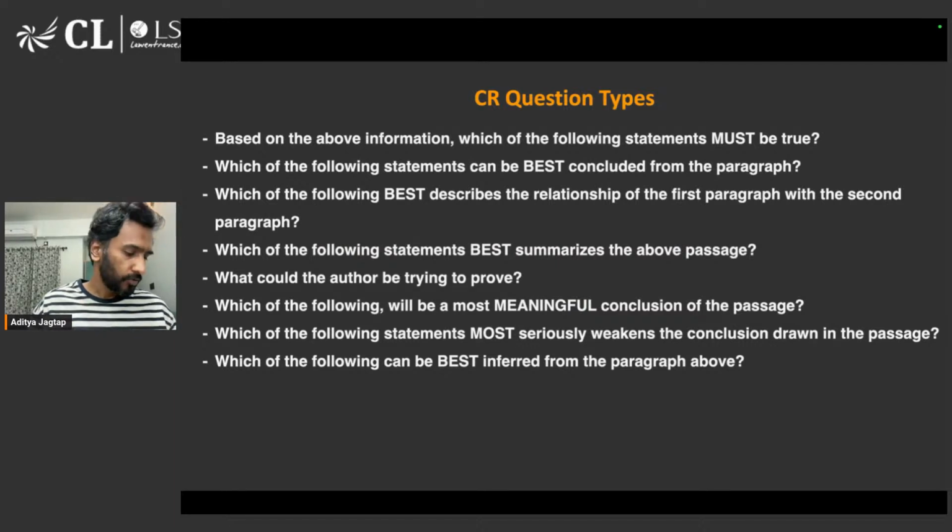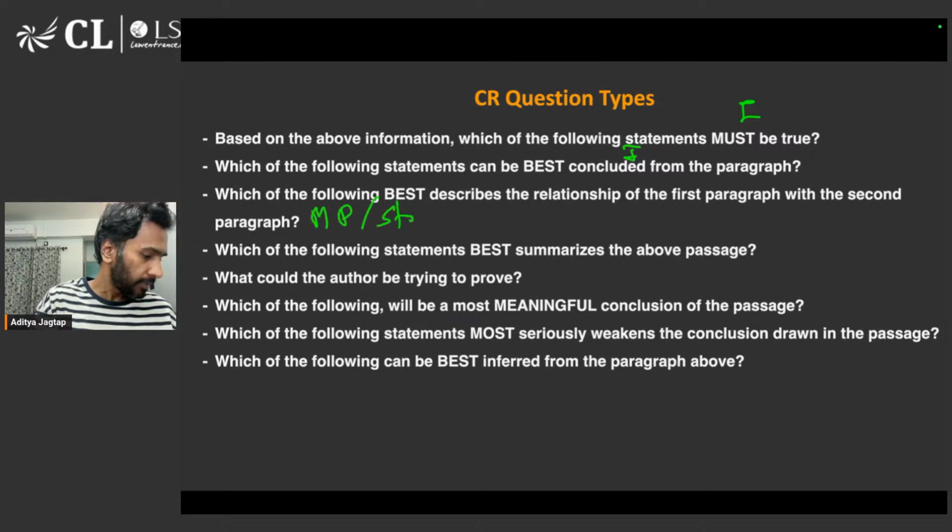There are different ways to ask these questions. If you look at this: based on the above information, which of the following must be true? So this is inference. Best concluded inference. Best describes the relationship of the first paragraph to the second paragraph. We can call this main point or structure of the passage related. Best summarizes the above passage, so main point, structure of the passage related.